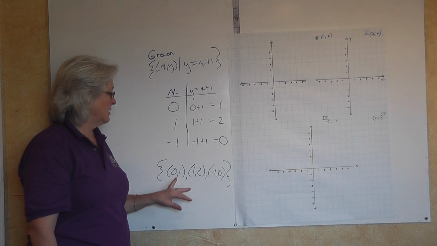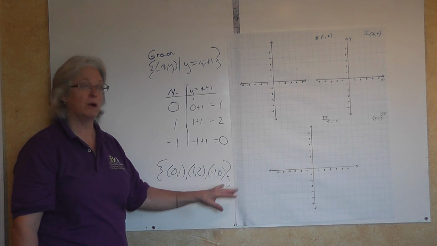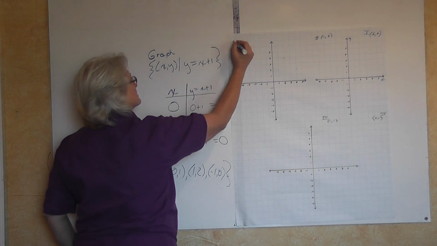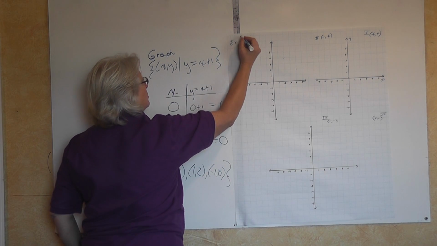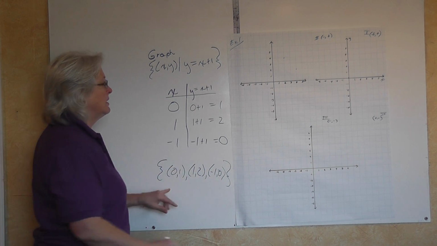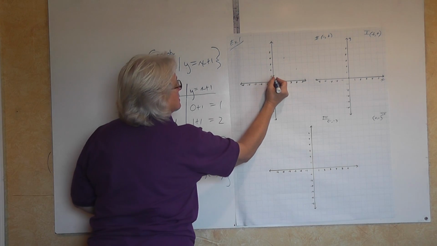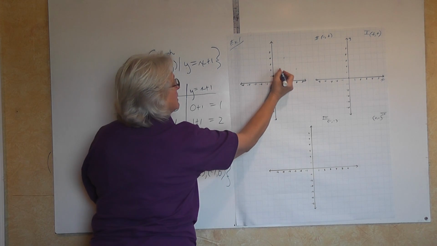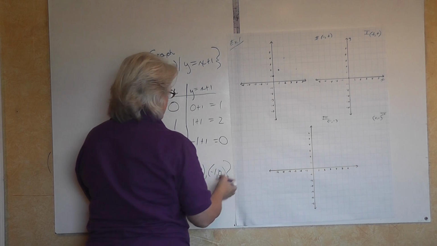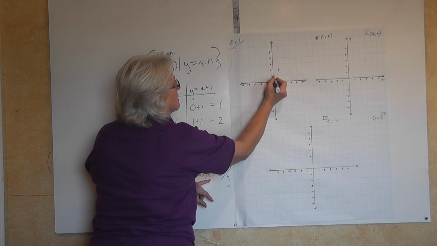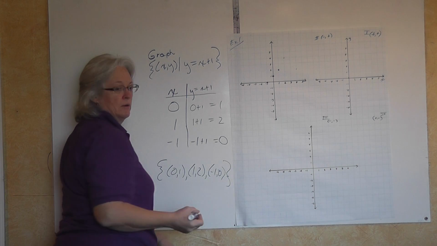Okay? I'm going to plot these points on my first Cartesian coordinate system. So this is like example 1, where I've tweaked it just a little bit. (0, 1): if x is 0, y is 1. If x is 1, y is 2. If x is negative 1, y is 0.